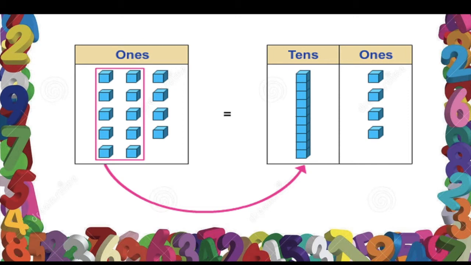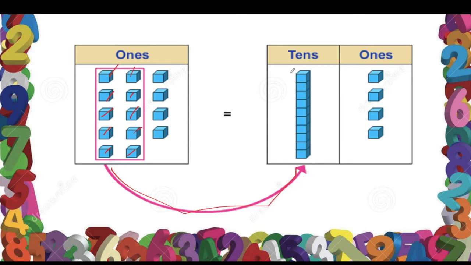But as we discussed earlier, in the ones place, we should have only a single digit number. But here we have 14 ones. So what should we do? We should group 10 blocks, that is 1, 2, 3, 4, 5, 6, 7, 8, 9 and 10 blocks, and move them to the tens place as what?